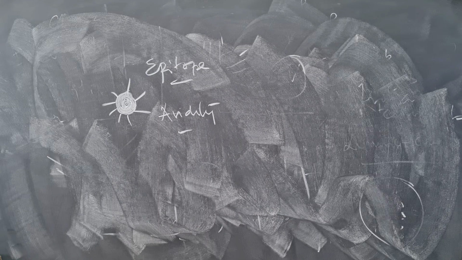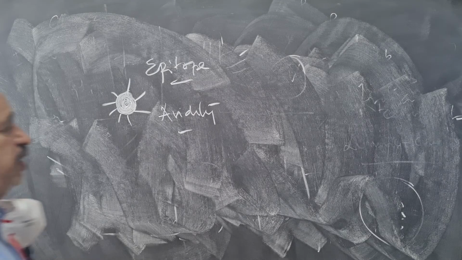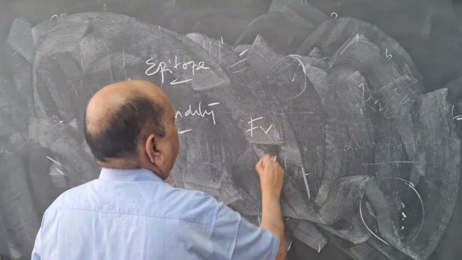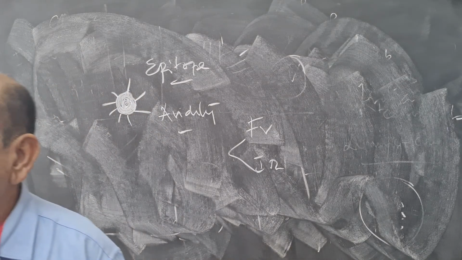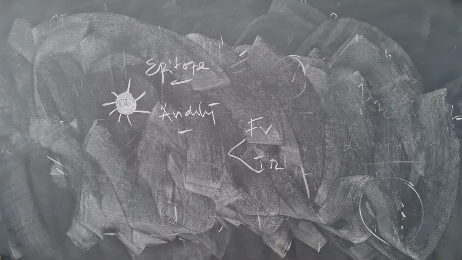Okay, now moving on to the antigen. Antigen should be foreign in nature. It has two moieties. It should be foreign to the body and able to produce either a cell-mediated immune response or an antibody-mediated response. Listen and write down the important points.